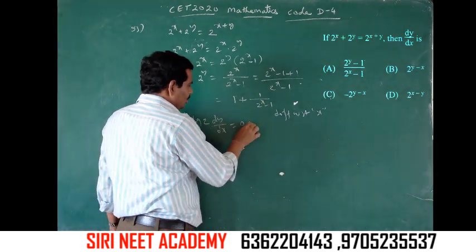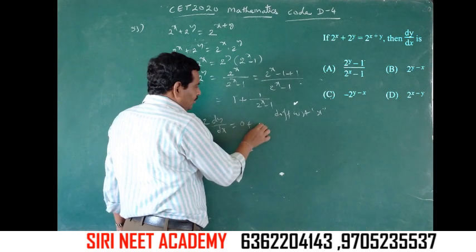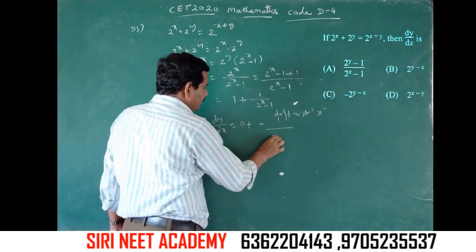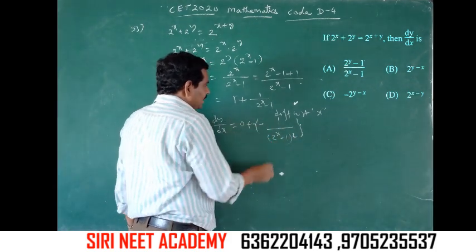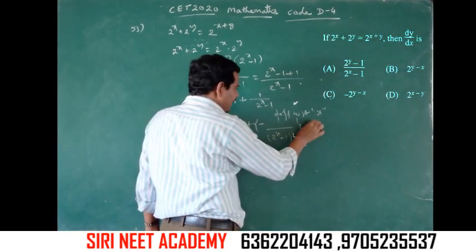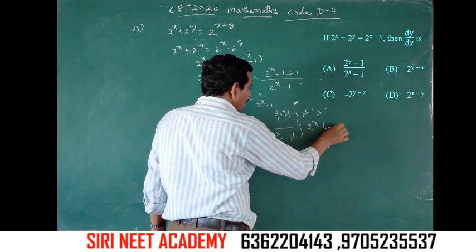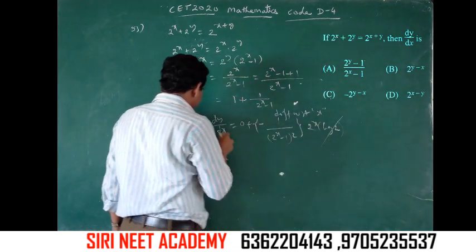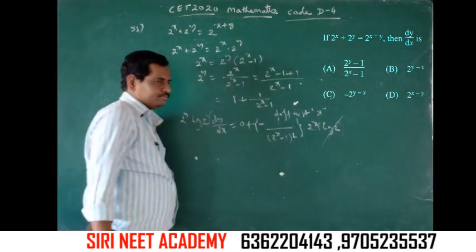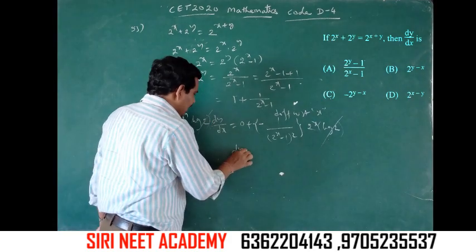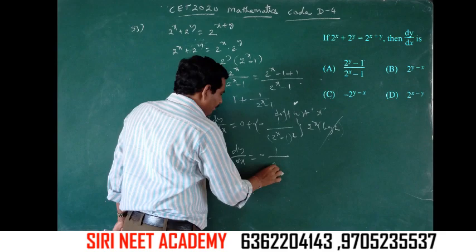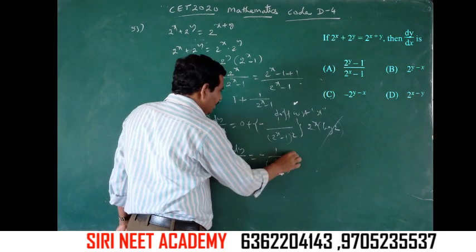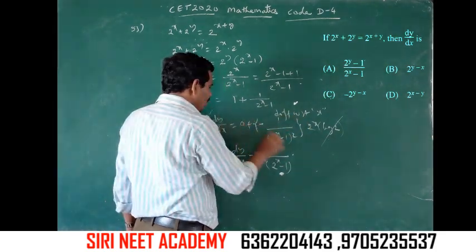For 1, 0. 1 by x derivative is minus 1 by x square. And now its derivative for 2 power x is 2 power x log 2. Cancel log 2. So dy by dx is equal to minus 1 by 2 power x minus 1 into 2 power x by 2 power y.